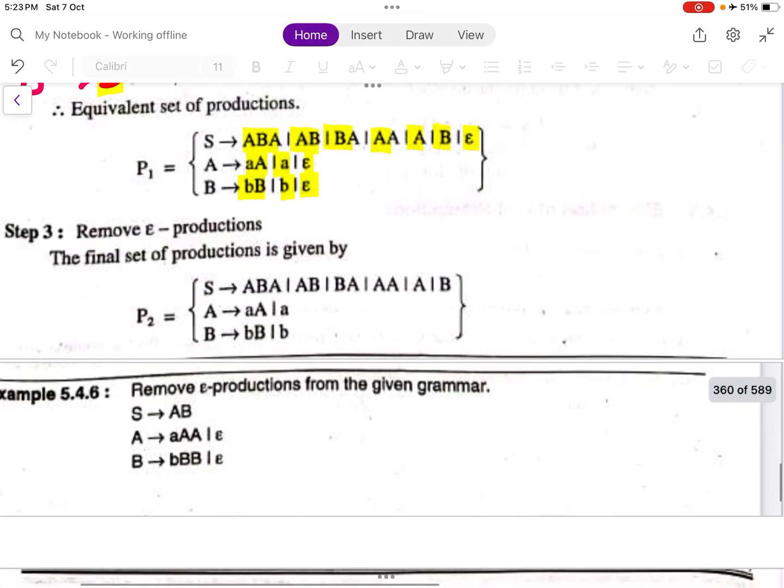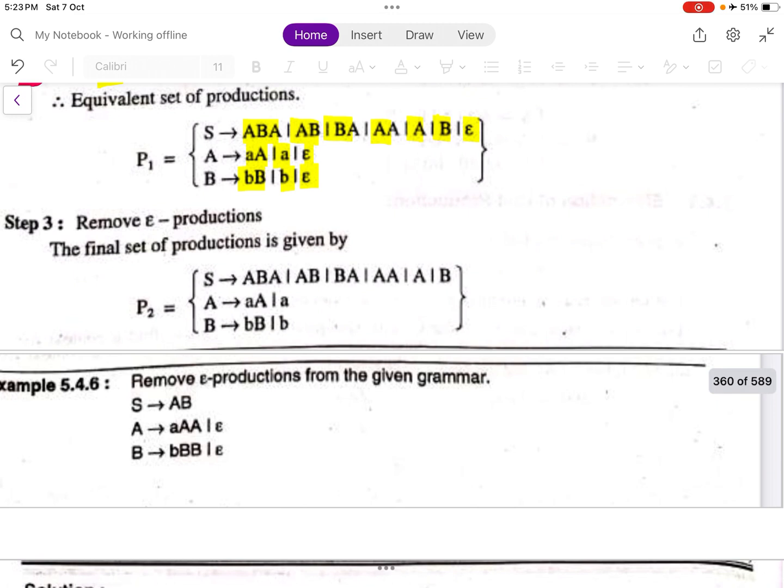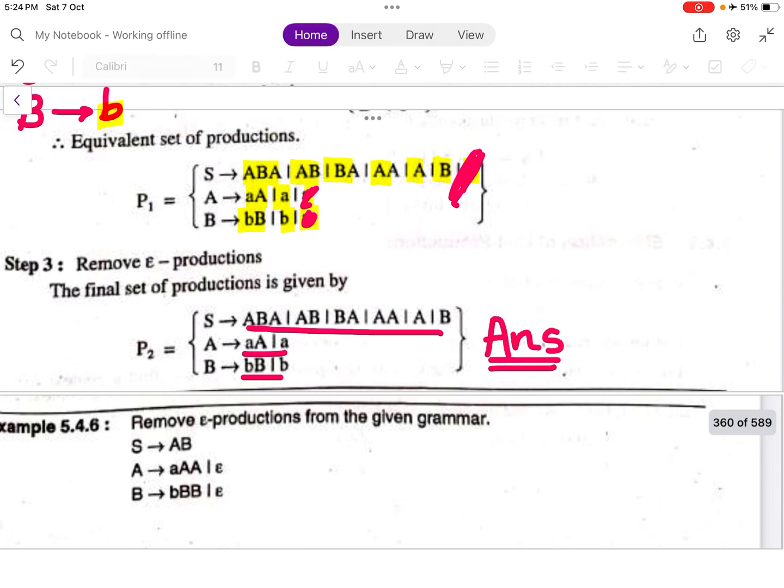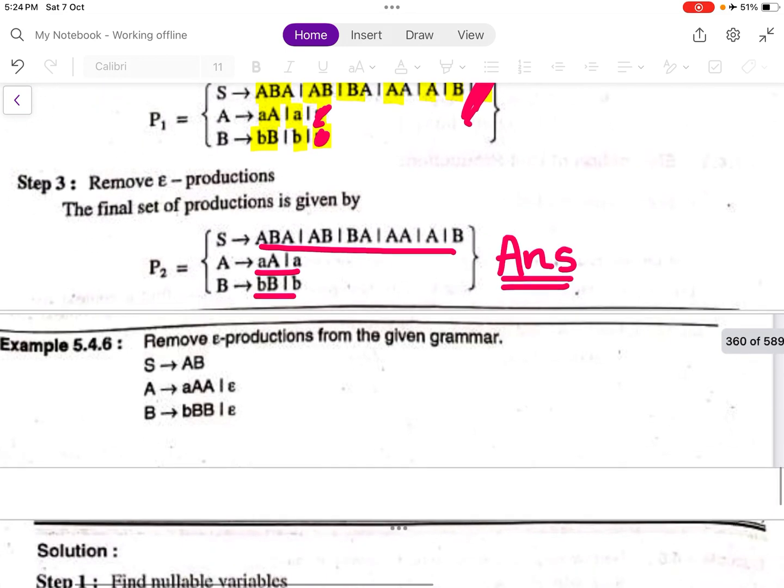Now the next step is step number 3, remove epsilon productions. So when you remove epsilon productions, you remove these. When you remove them, you get the final answer, that is, eliminating the epsilon productions.